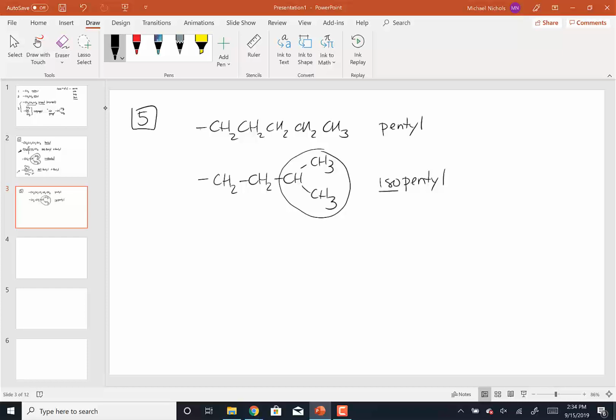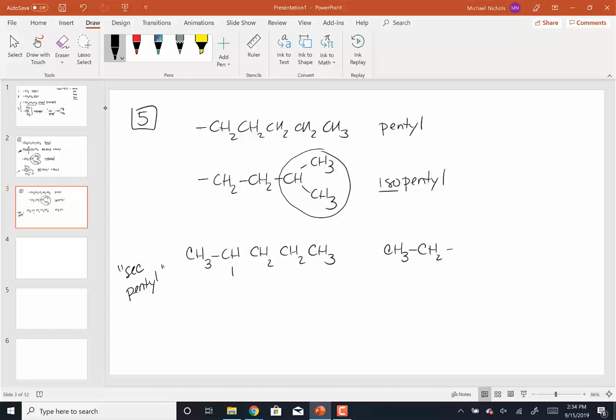And the interesting thing here is that if we think about trying to form a sec-pentyl group, the problem with a quote-unquote sec-pentyl is that the name is not unique.